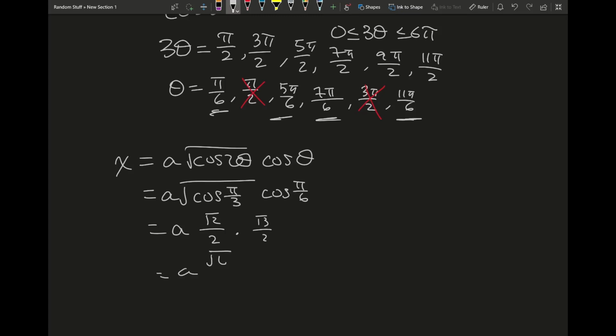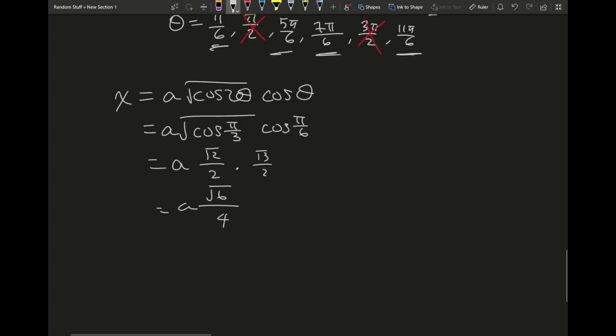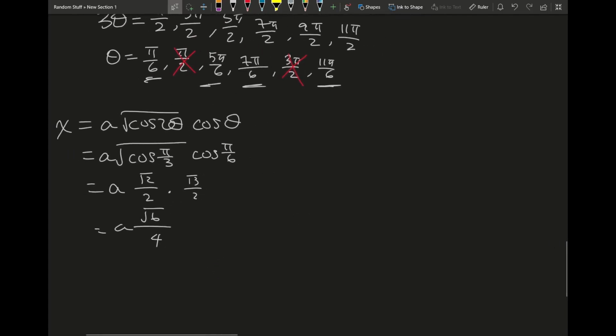So that's the first x value. The second one, that again is 1/2.